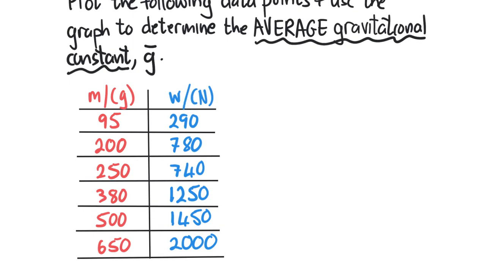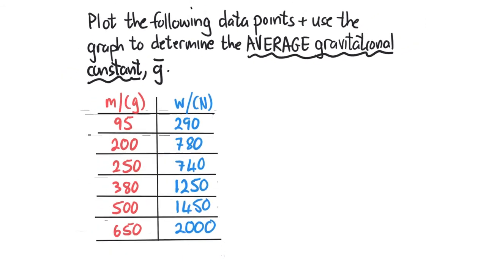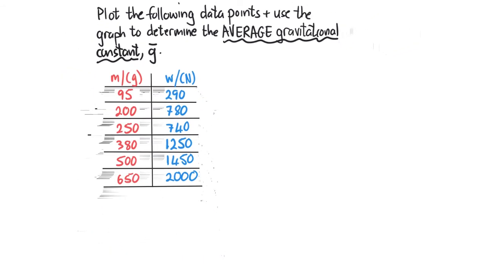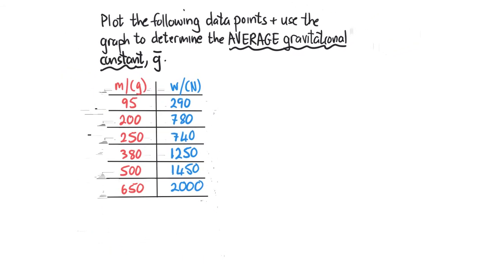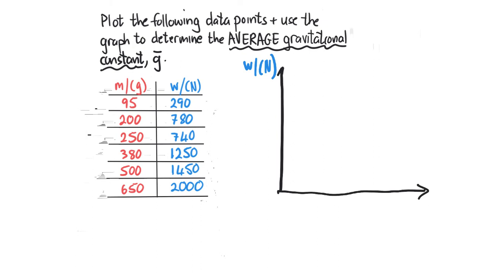Now, we did this in class a few times, and before we go further, I would like to just point out a few things. So we are going to plot weight in newtons versus mass, right? Now the mass we're going to plot on the horizontal axis, right?